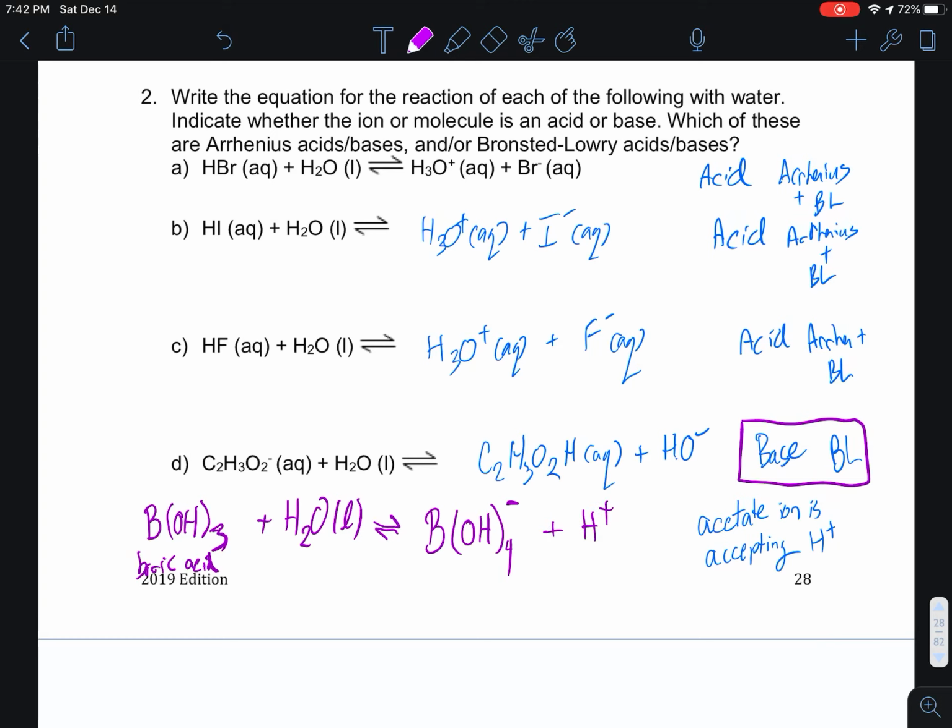Well, what's the byproduct of that? The byproduct is an extra H plus in solution. And so there is your example of a Bronsted-Lowry acid. It's an acid that produces protons in solution, but not by donating them. So there you go. That's a little bonus for you.